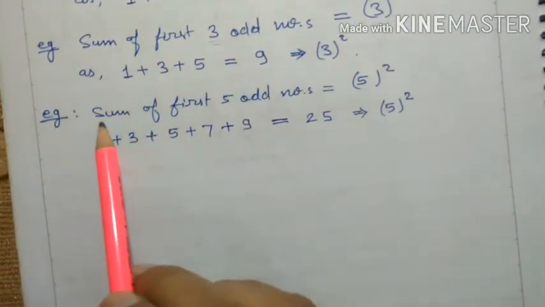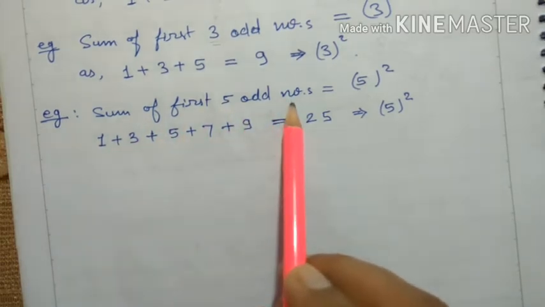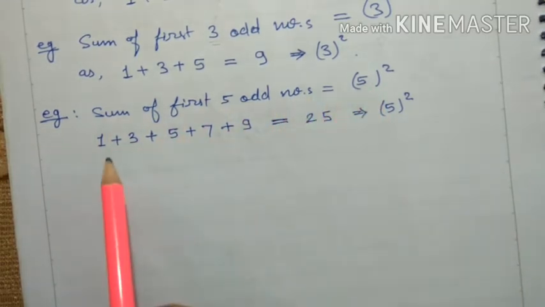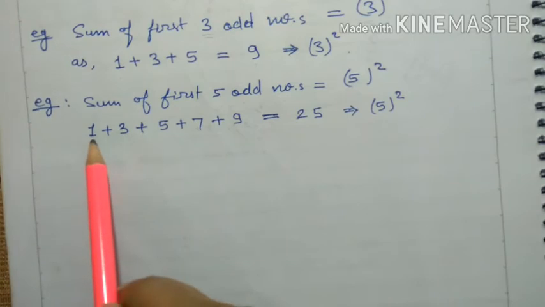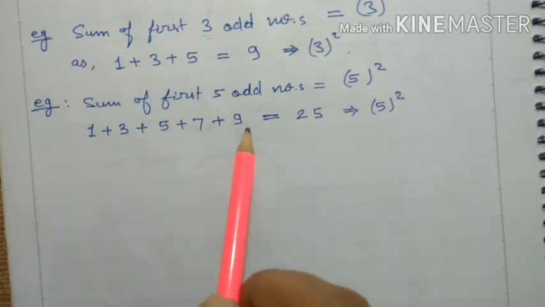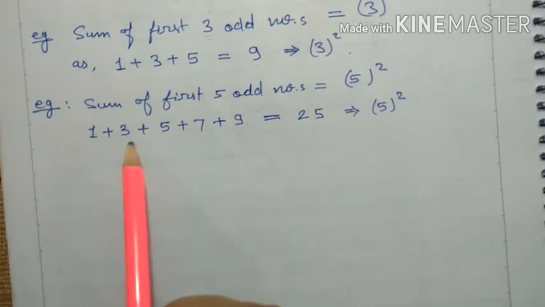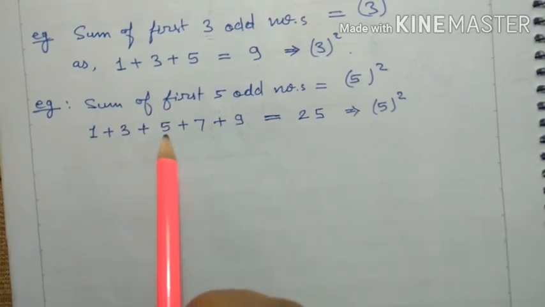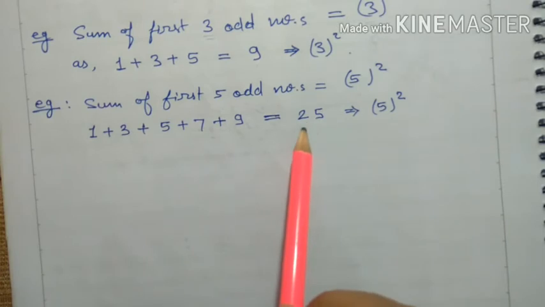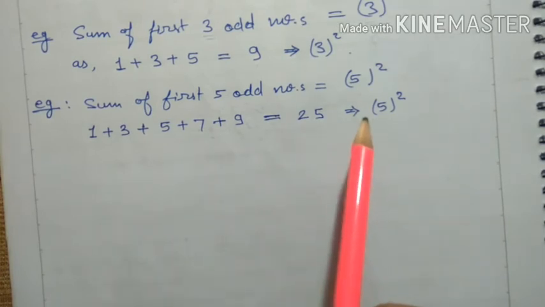In another example, the sum of the first 5 odd numbers is equal to 5 square, as the first 5 odd numbers are 1, 3, 5, 7 and 9. If we add all these numbers, 1 plus 9 is 10, 3 plus 7 is 10, so 20 plus 5 is 25, and 25 is the square of 5.